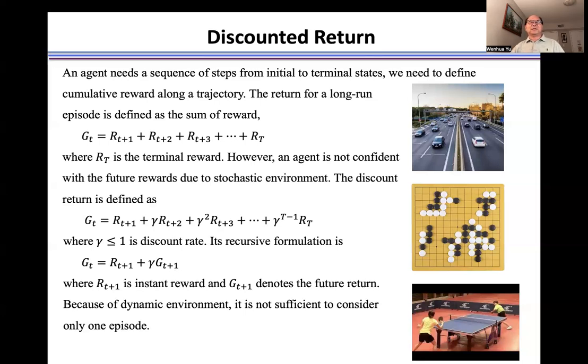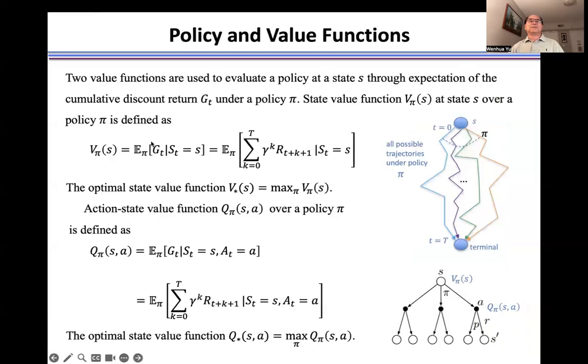Since the environment is dynamic, we cannot only consider the return along just a single trajectory. So to find the optimal policy, we need to calculate all the possible trajectories under the policy pi.